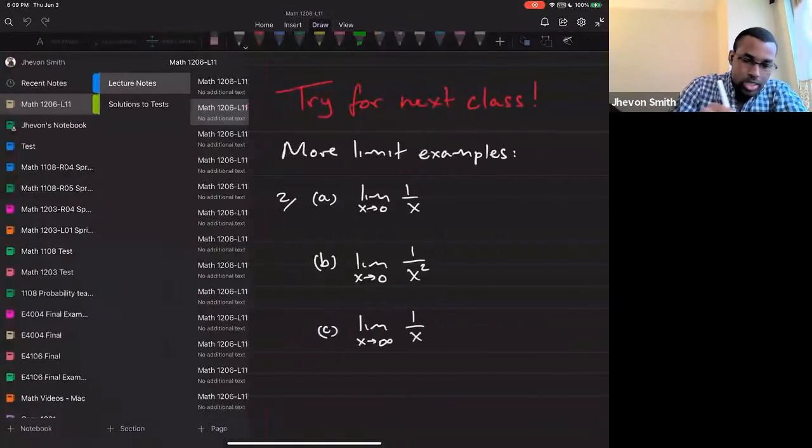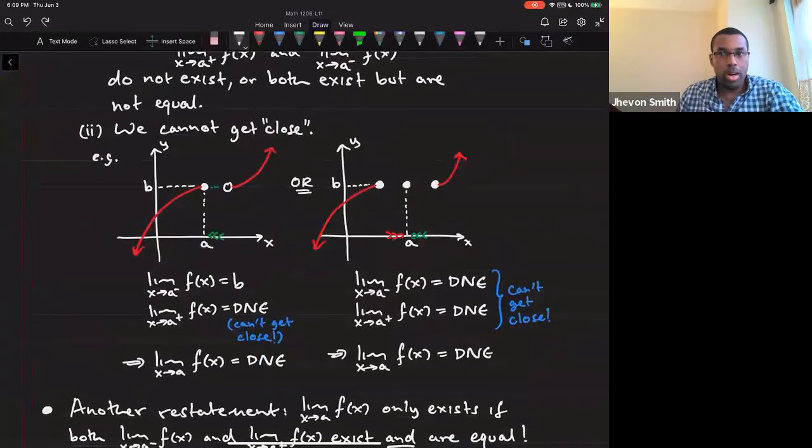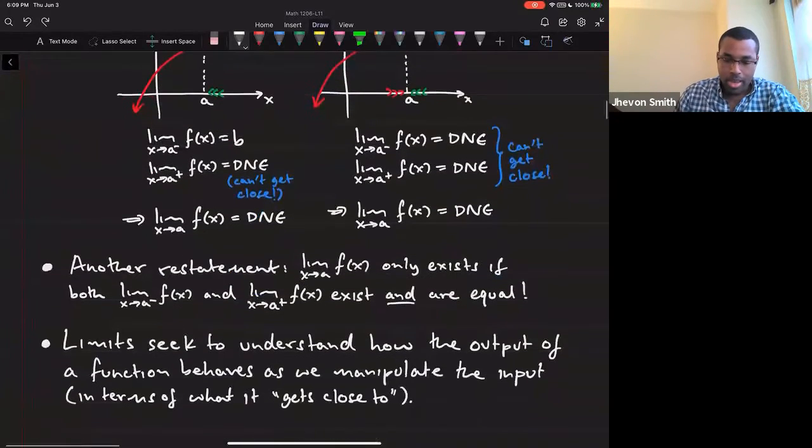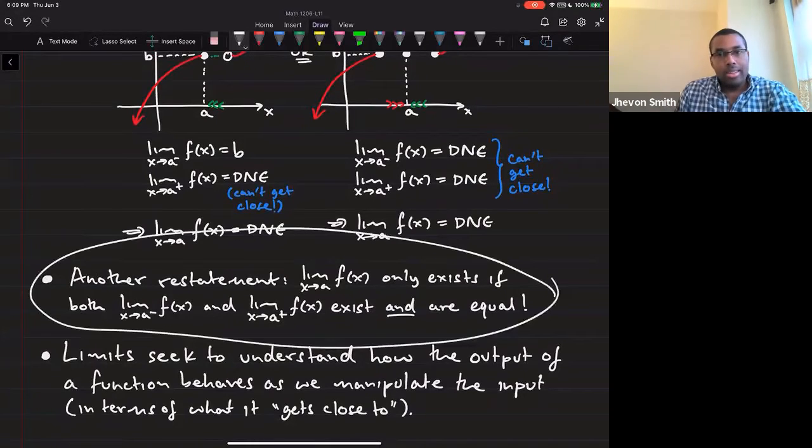I also asked you to try this for next time, so we are eventually going to do that. But I just wanted to make some important remarks, touching on important concepts again. This is a restatement: your limit will only exist if both one-sided limits exist and are equal. If either one-sided limit does not exist, or they both exist but they're not equal, then your overall limit will not exist.